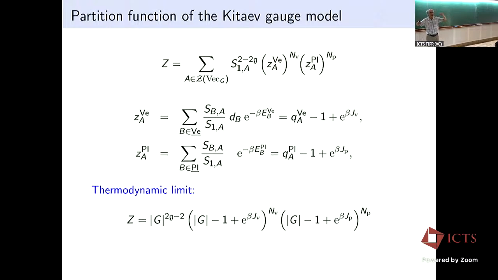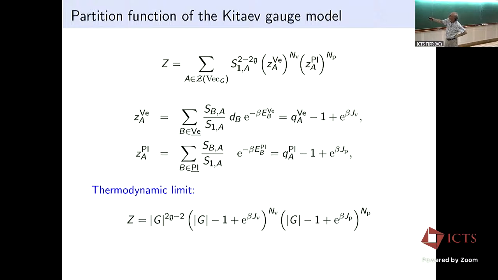You can use some auxiliary sites to account for the charge excitations, but I think these are not the historical versions of the Levin-Wen models. But I think we should discuss afterwards. So I flashed the result for the partition function.